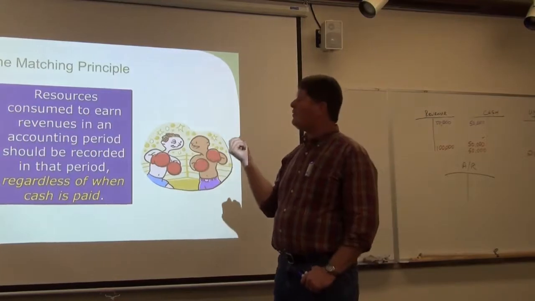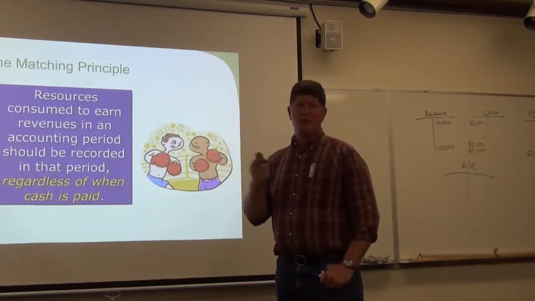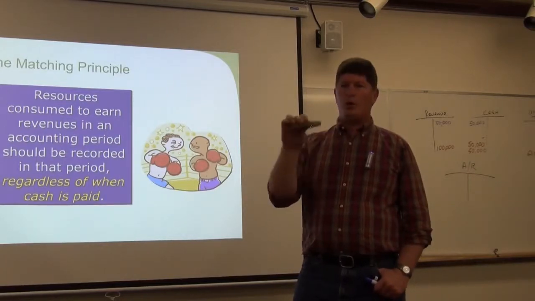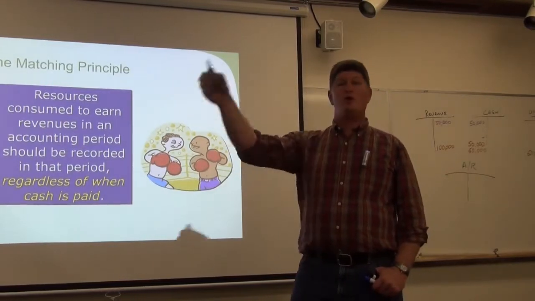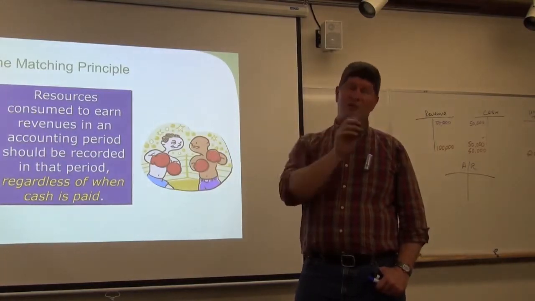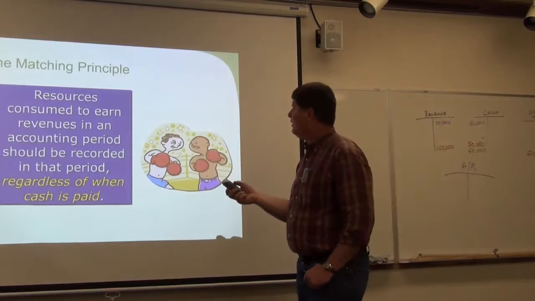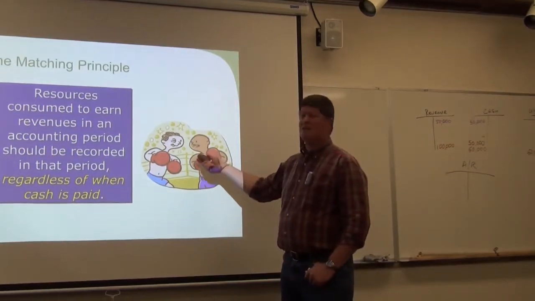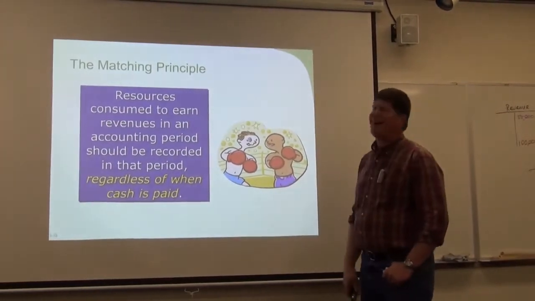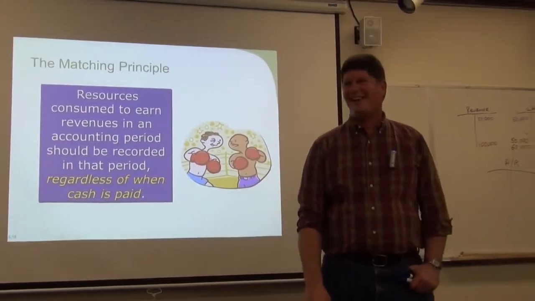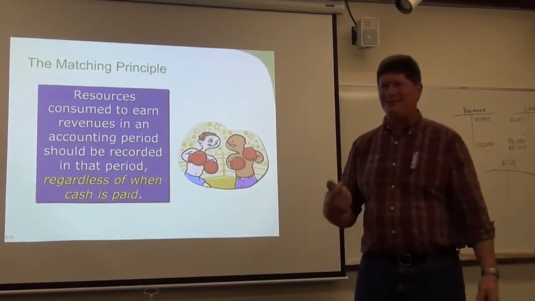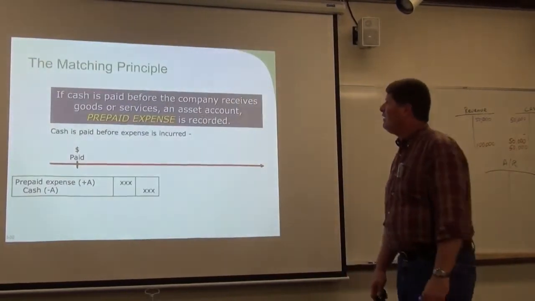So if I pay the rent for the bookstore for the month of February, I want to record that expense in February when I sold all those books, right? So I'm matching the expense with the time period it generated revenue. I don't know what that has to do with this guy getting punched. So they're matching black eyes, yes, okay. It's a boxing match. Matching. Got it. Well, I hit you, you hit me, yeah. I don't know.